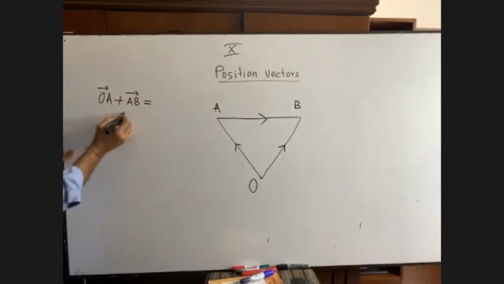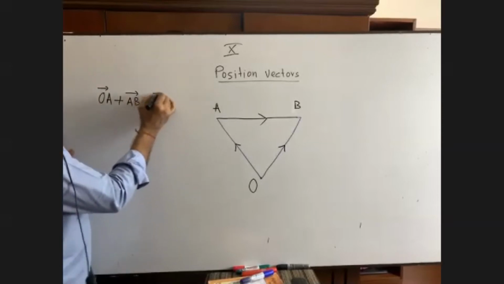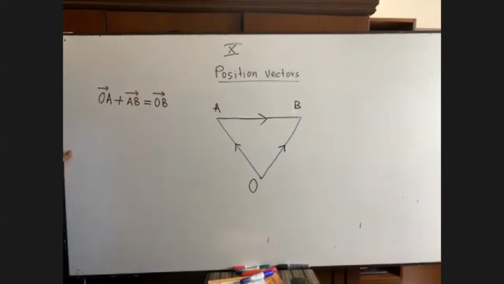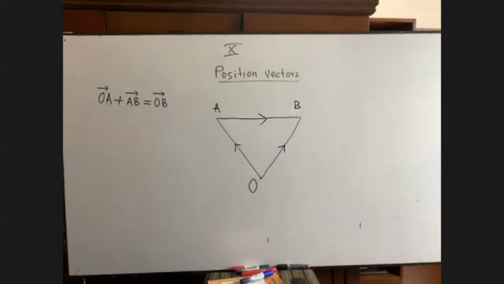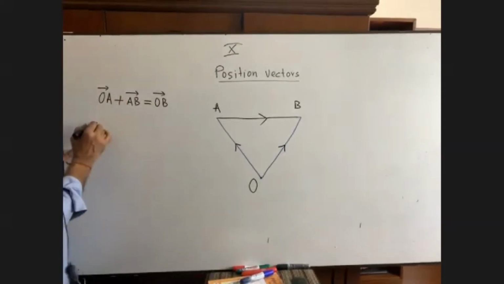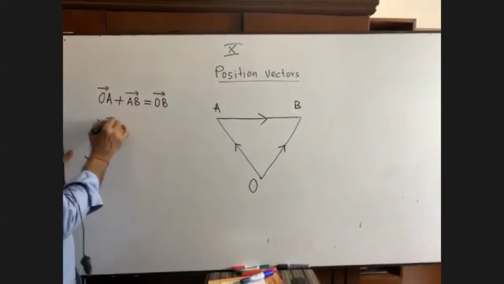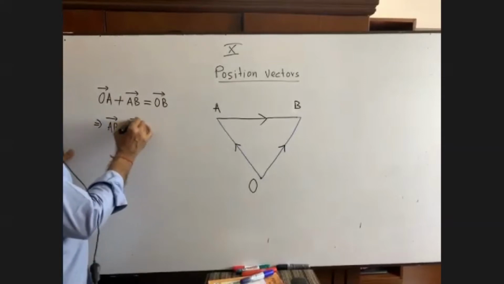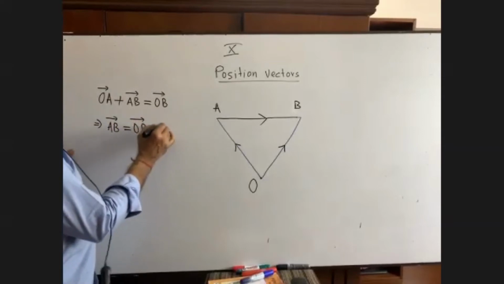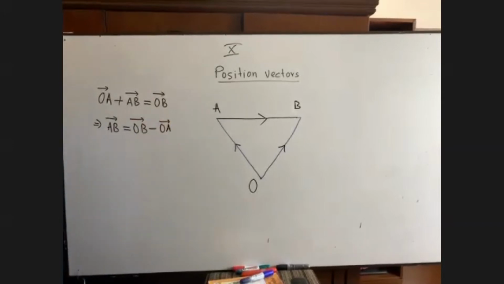This A will be omitted, so we'll be left with OB. Am I right? Yes, sir. Now from here we can write down AB is equal to OB minus OA. Please try to understand what I have written.